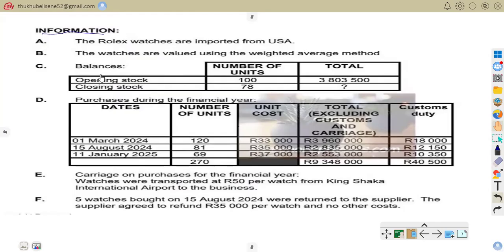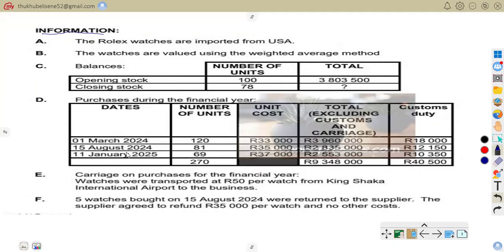So C, we have balances now. Here are the balances. We have opening stock, a number of units of opening stock, as well as the value of that. We have closing stock, number of units, though we don't have the value of the closing stock, which we are going to calculate.